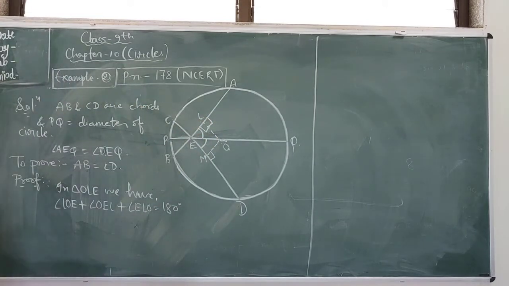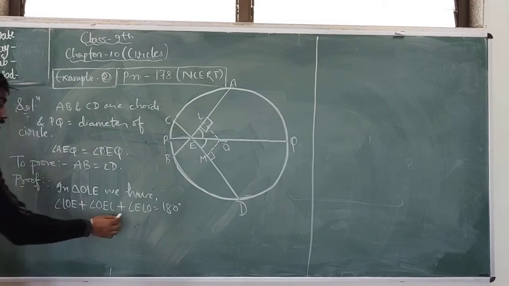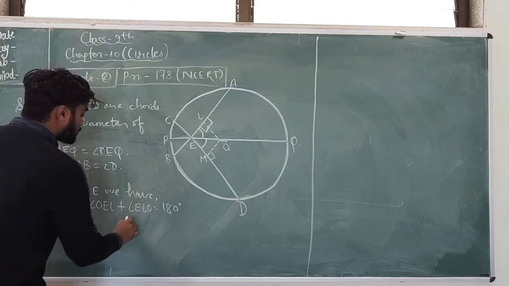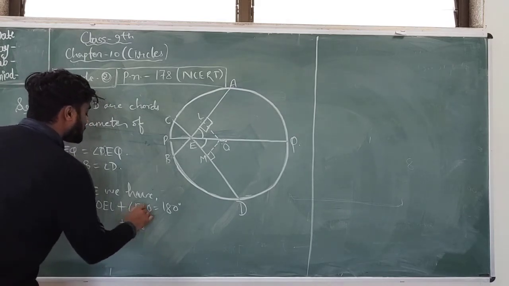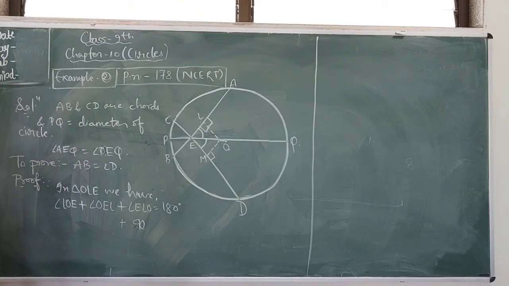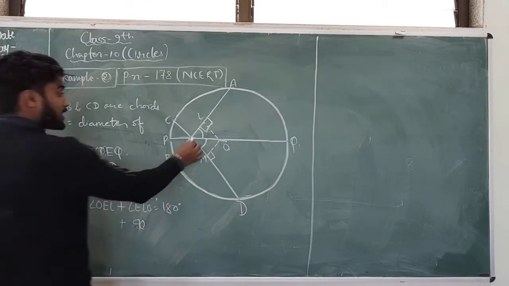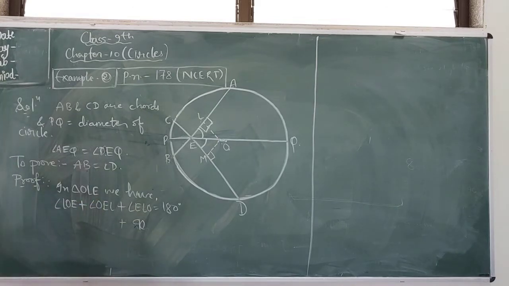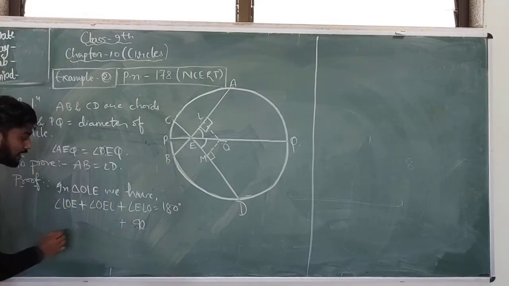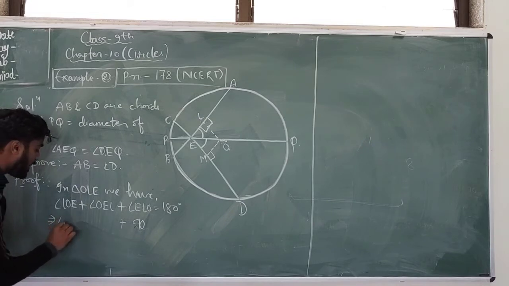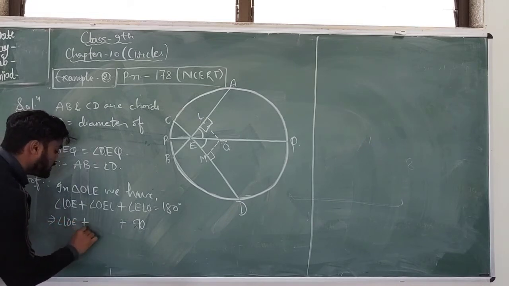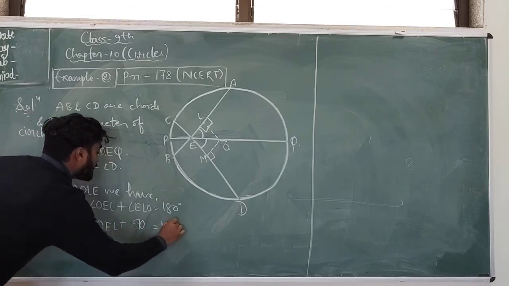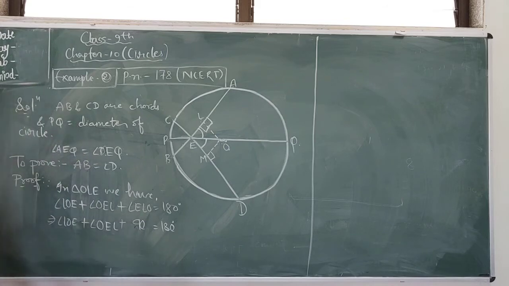So in place of angle ELO or OLE, we can write 90. Then angle LOE plus angle OEL plus 90 is equal to 180 degrees, because only one angle is known now.